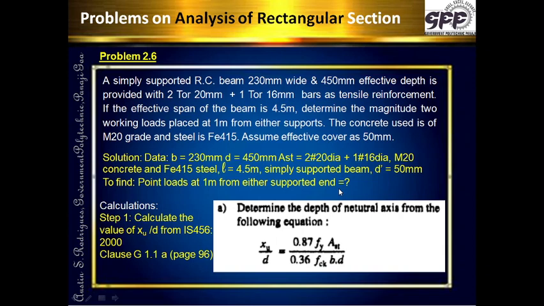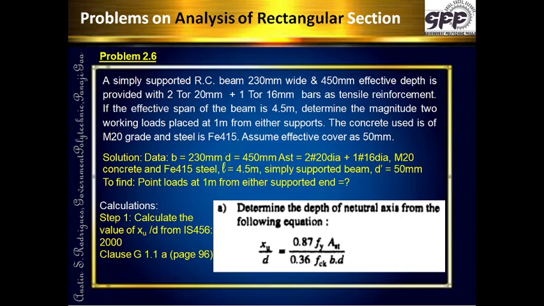Now please note, all this while we have been discussing the analysis of beams. How does one understand which is an analysis problem and which is a design problem? No sooner is the section, that is width and depth, maybe the overall depth or the effective depth, given, and the amount of steel provided is given, obviously we are asked to find its capability.